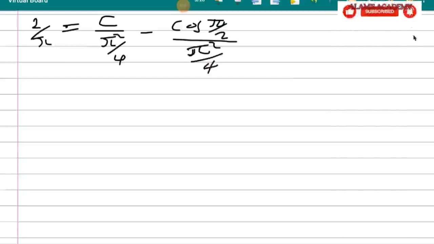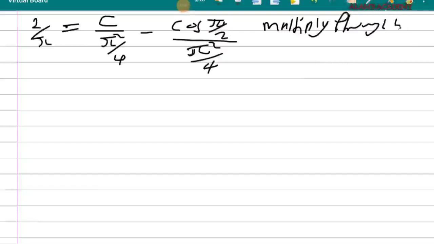Now we multiply through by pi squared over 4.